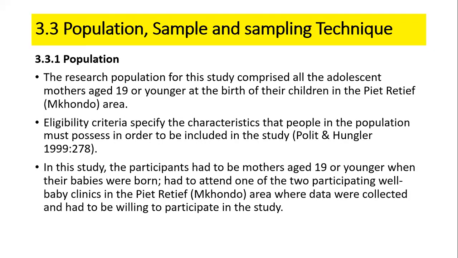So here we give some information in relation to your research. In particular, I explain this way: the research population for this study comprised all the adolescent mothers aged 19 or younger at the birth of their children in the particular area.